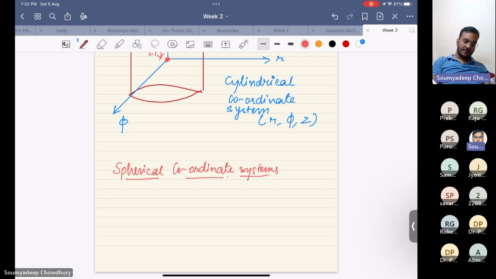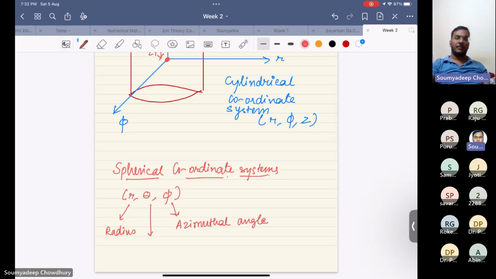So the spherical coordinate system will be R, theta, and phi. This is my radius. This phi is the same as that azimuth angle. Phi is called the azimuthal angle.